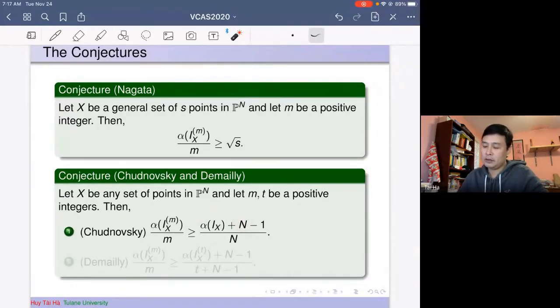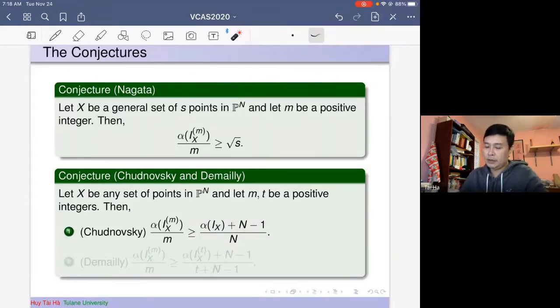And for the purpose that we're going to see later, I'm going to remark here that n is the codimension, or the height of the ideal defining the points.